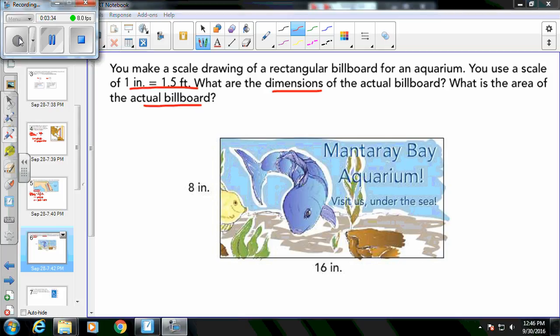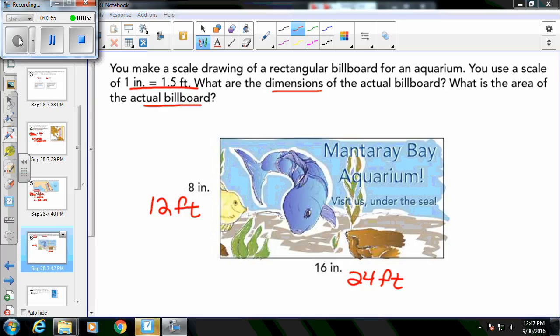So when I came back to this, and I set up my proportion, I got this side here to measure 12 feet. And since this was doubled, 16 inches is double 8 inches, I can just double 12 feet here and make it 24 feet.